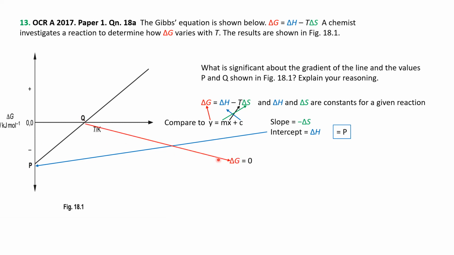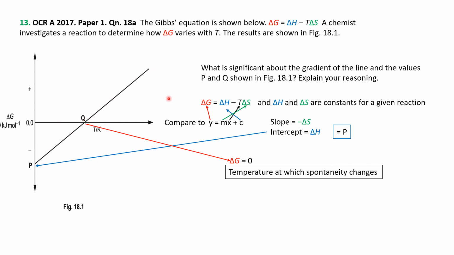At this point here, delta G is 0, so at delta G is 0, that's the temperature at which the spontaneity changes. Now, do we expect the spontaneity to change? We're starting off with a negative delta G, going up to a positive delta G, and the reason it's a negative delta G at the start is because delta H is negative, but the reason why delta G becomes less negative, 0, and then positive, getting worse and worse, is because delta S is a nasty negative.